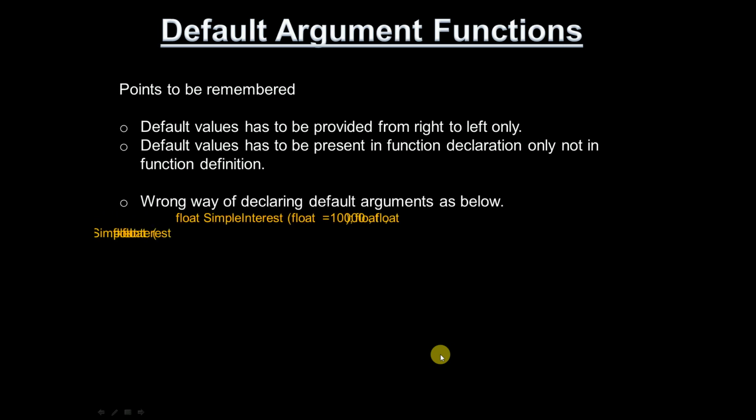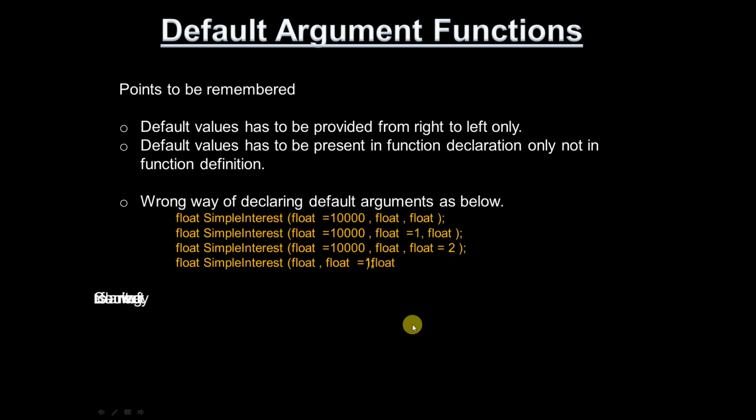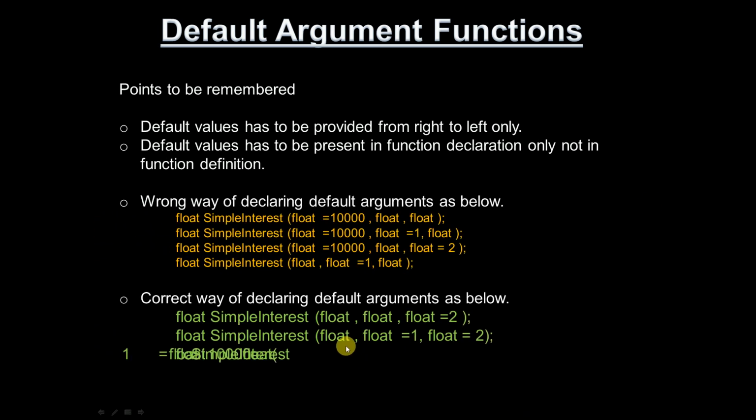So now observe, remember a few points. Default values have to be provided from right to left. Means first for the last argument you have to provide default values, next the second one, next one, like that. From right to left you have to give, not from left to right.